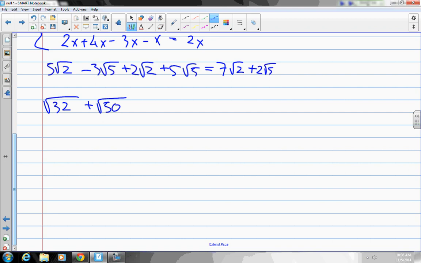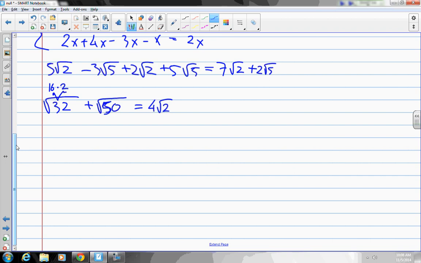So these two radicals are very much different, but I can do something first. Can I simplify square root of 32 as it stands, and can I simplify square root of 50 as we did earlier today? We're thinking of 32 as 16 times 2, right? That's how we split 32, and I can take the square root of 16, which gives me 4 square roots of 2, right?